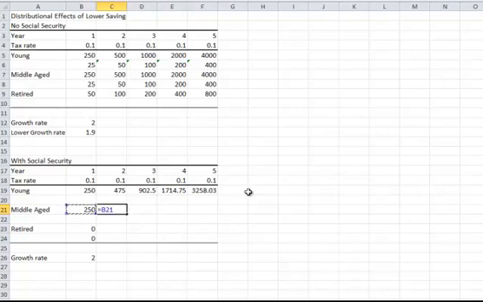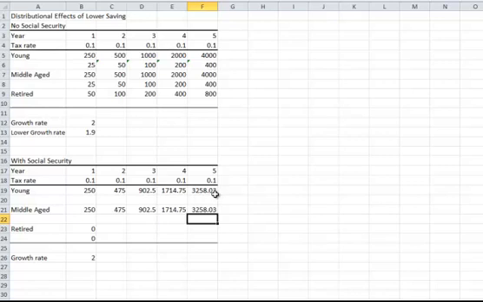Take that amount times 1.9, grows to 475, times 1.9, grows to 902.50, grows to $1,714.75, and lastly, let's have it grow slightly slower. So now, instead of on the fifth time period, instead of 4,000, we have $3,258.